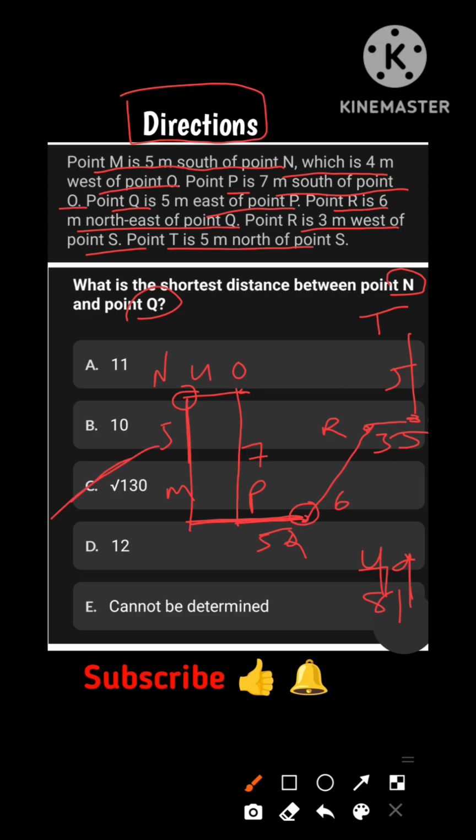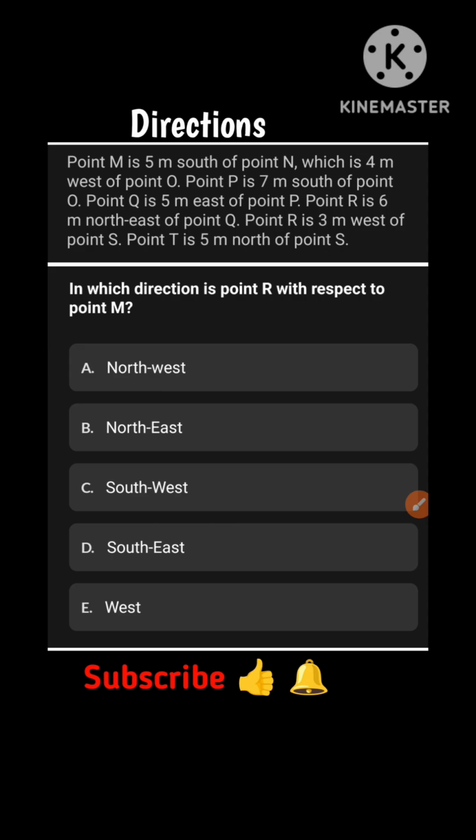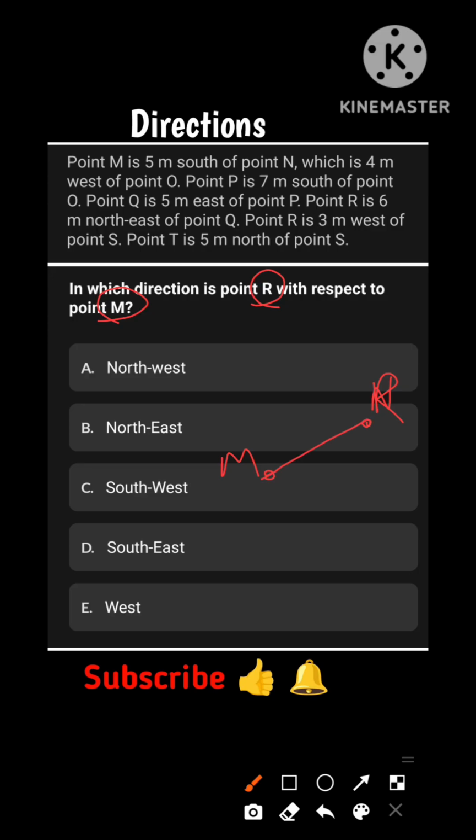Next question is about the relation between M and R. Remember this direction. R is in which direction with respect to M? M is located here, R is located above on the northeast. So the answer will be option B, northeast.